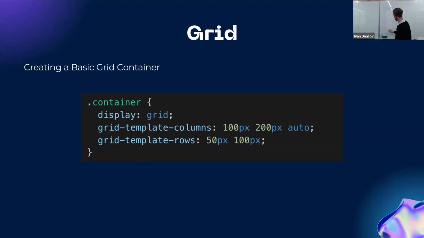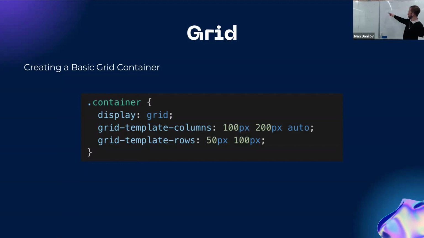So if the screen is 1000 pixels, here will be 700. Also we have grid template rows, and there can be a lot of different rows.